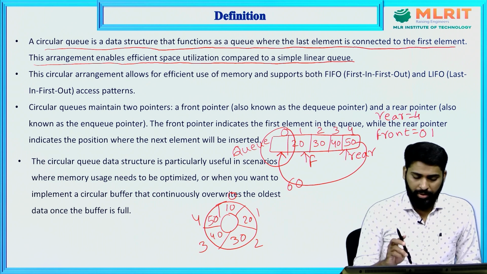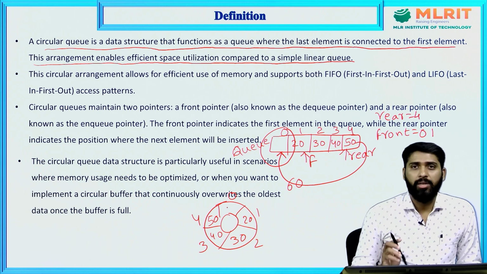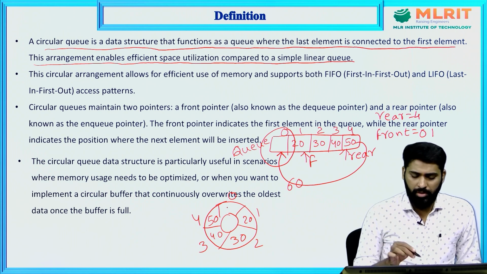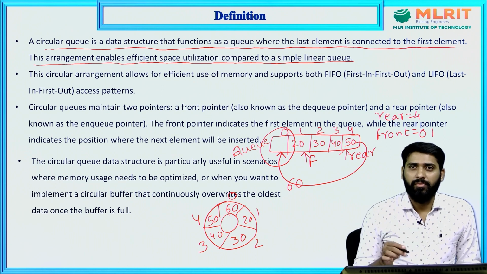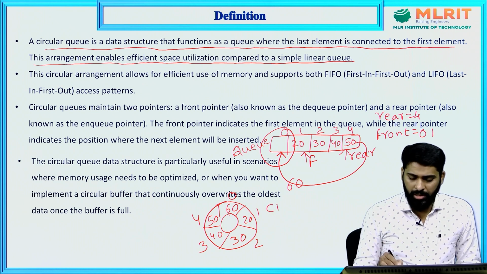Now if I delete 10, there is a space, so I am going to insert 60 in the 0th location. This is the circular queue. For better understanding, we represent the array in a circular way.